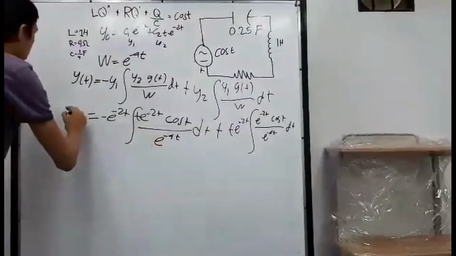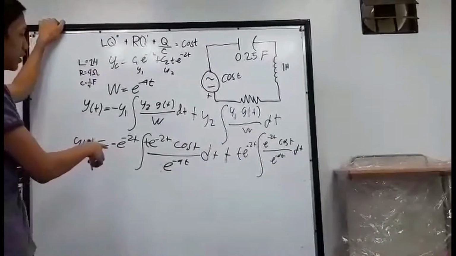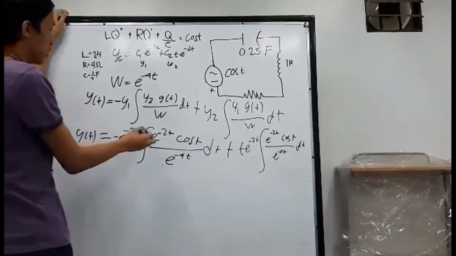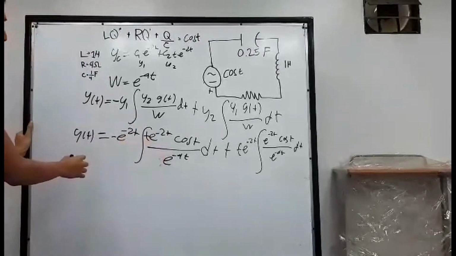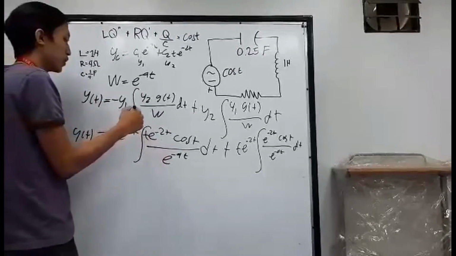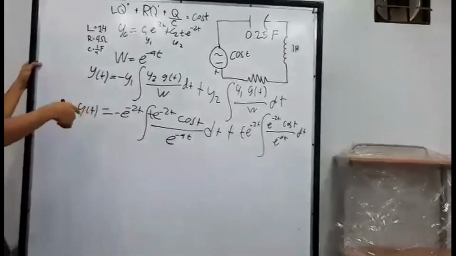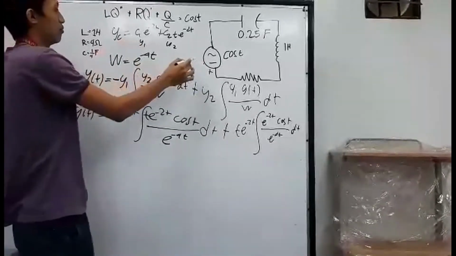To get the value of y sub p, you need to apply the technique of integration by parts. When you do the integration by parts, you can now solve the general solution for this problem.